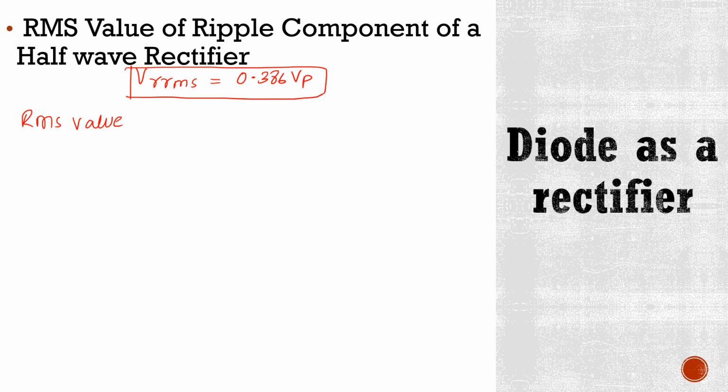It is the square root of the squared function of the instantaneous values. I have mentioned in my previous lectures that instantaneous values are the sum of AC and DC values. In this case, the AC value is the RMS value of ripple voltage and the DC value is VDC.